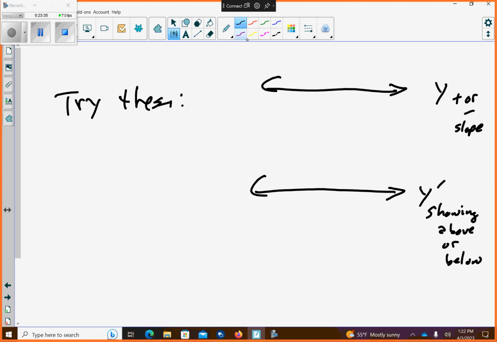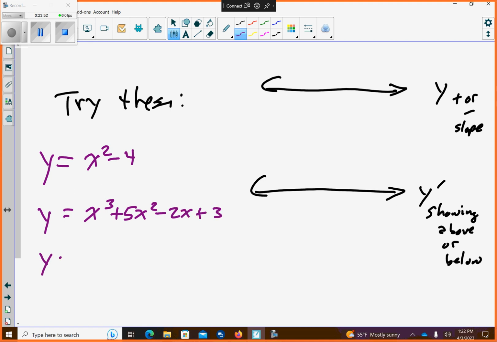All right, so let's just keep it simple. Try this one. Try this one. And try this one. So try these three.